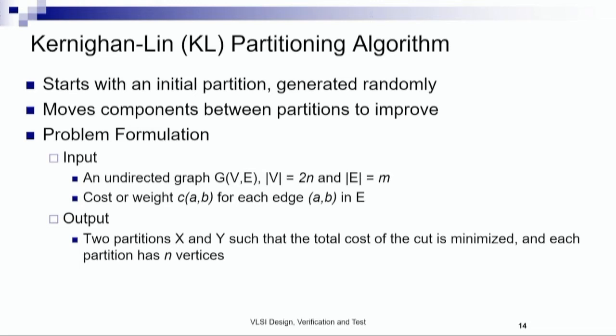And the output, what do we desire out of the Kernighan and Lin algorithm? We want to obtain two partitions X and Y such that the total cost of the partition is minimized and each partition should have n vertices. So we want to obtain two equisized partitions of size n from the entire circuit consisting of 2n circuit modules.